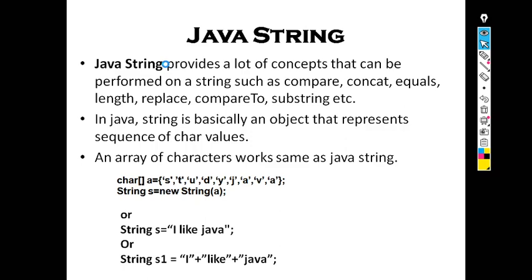Or you can write String s equals, within double quotation you can write a string, or you can write like this: "I", and then plus here is acting as a concatenation operator, again "like", then again the concatenation operator, and then again "Java". You know about the concatenation operator because while writing System.out.println several times we have used this concatenation operator plus, right?